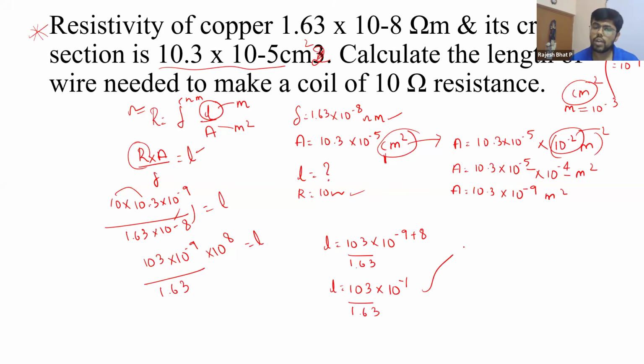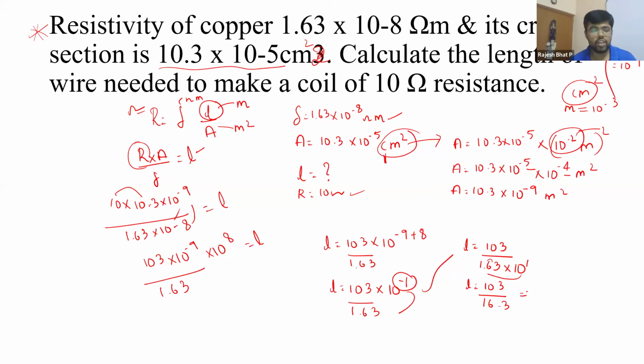You know what I'll do for this one? L is equal to 103 by 1.63 into, if this minus 1 goes to the denominator, it becomes 10 power 1. So now 103 divided by 16.3, correct? 10, if you multiply, 1 point will come forward.